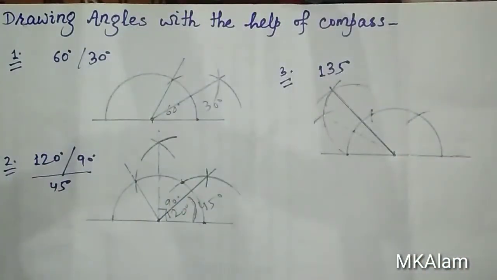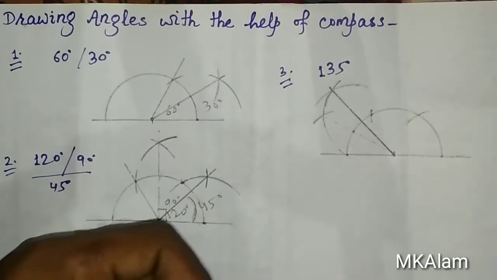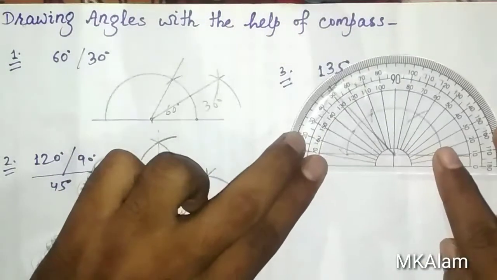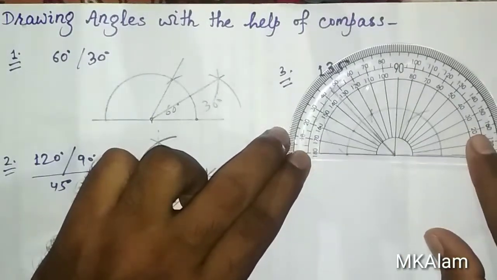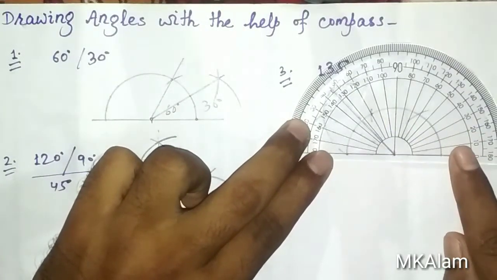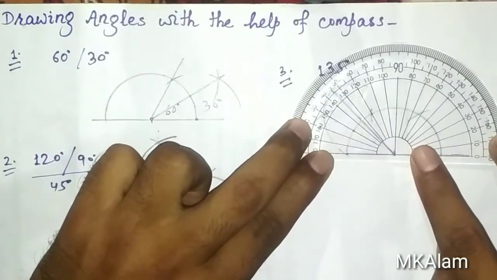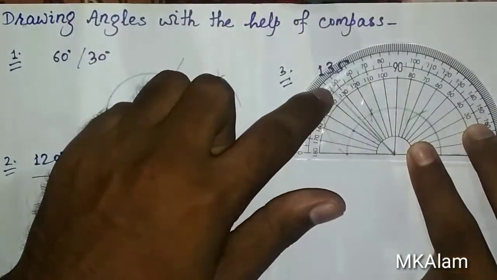Now let's see after measuring both these. You will have to put this line on this line, and the point should be on this line. So you will have to take it like this, and you get that here is a 135 degree angle.